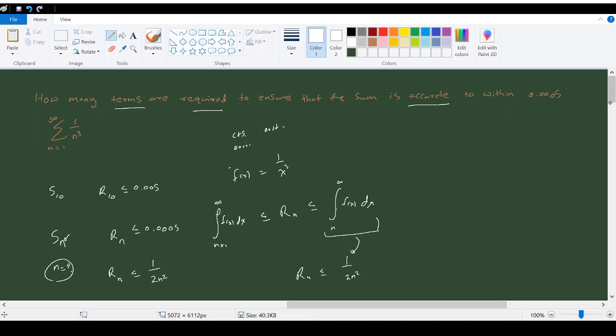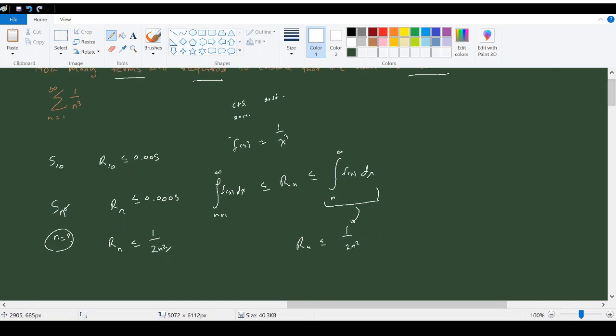So if we find a suitable n value so that this term is less than or equal to 0.0005, okay? If this term is less than this one, then for that particular n value, the remainder will be less than this one.